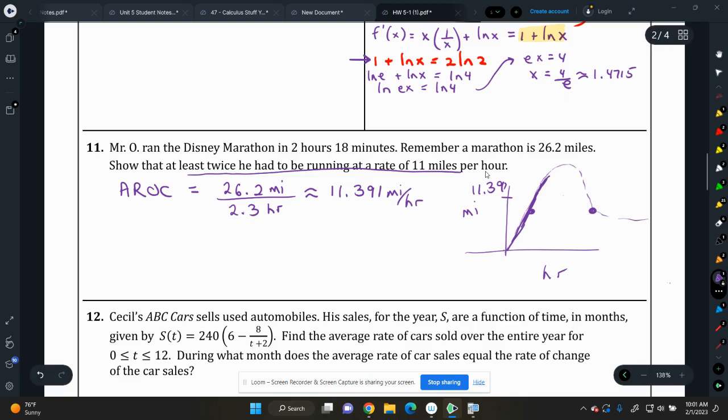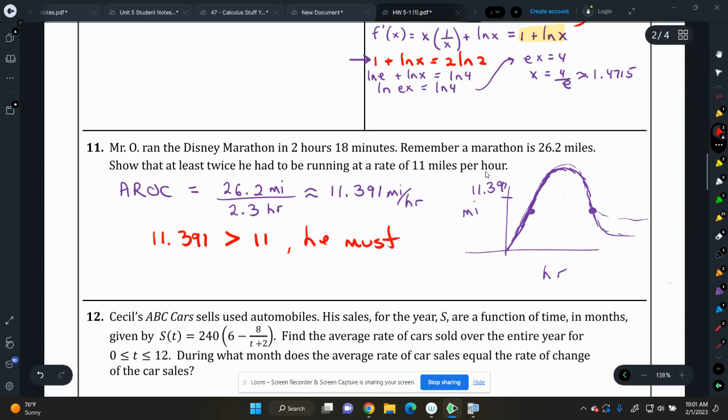And then he had to hit 11 miles per hour as he was decreasing back down to when he was eventually going to stop, since 11.391 miles per hour is greater than 11, right?